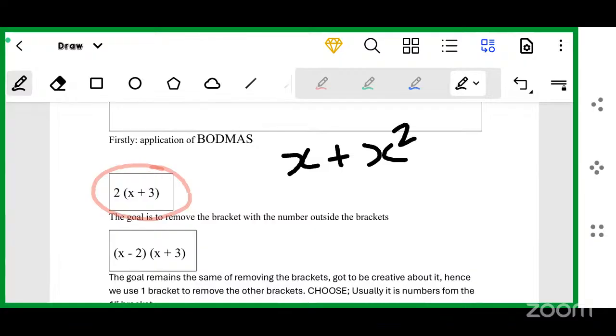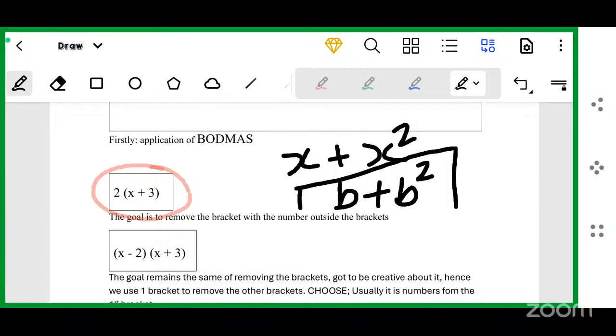Is x plus x squared like terms? Okay, let me use the b. So b plus b to the power of 2. Do you think these are like terms? Yes, ma'am, because there's an invisible power of 1, so that's why they're like terms.